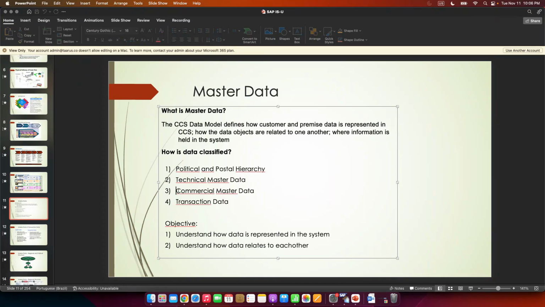Now you guys may have a question: why do I need to maintain all those addresses in SAP? The reason behind that is, let's say as a customer, you reached out to the utility company to provide a service.